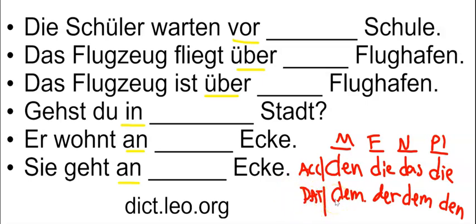Once you know that, then use the den, die, das, die, dem, der, dem, den to fill in the blanks. Pause this video now to practice and unpause when you are ready to check your answers.